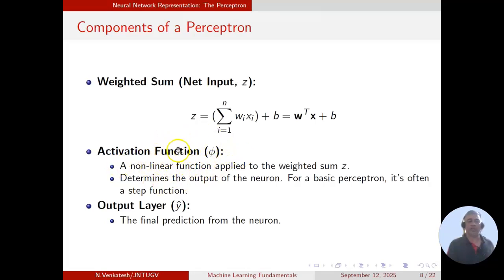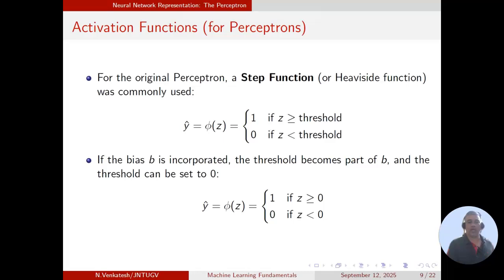The output of the activation function is the output of the neuron. For a basic perceptron, this activation function is the step function or Heaviside function. So whenever your weighted sum is greater than or equal to 0, it classifies it as a positive class. Whenever it is less than 0, it classifies it as negative class.